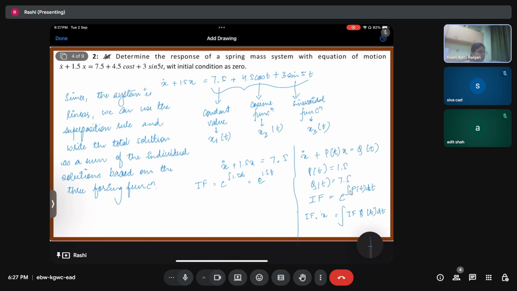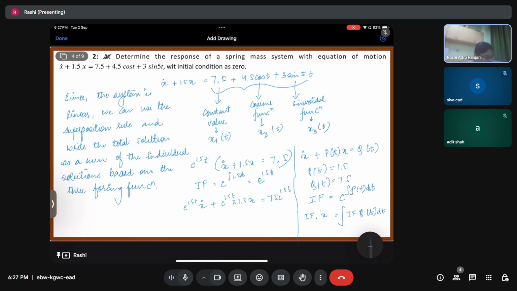Now, why do we write it in this form? If in this equation I multiply e to the power 1.5 t with the whole equation, I'm going to get e to the power 1.5 t into x dot plus e to the power 1.5 t into 1.5 x is equal to 7.5 e to the power 1.5 t.